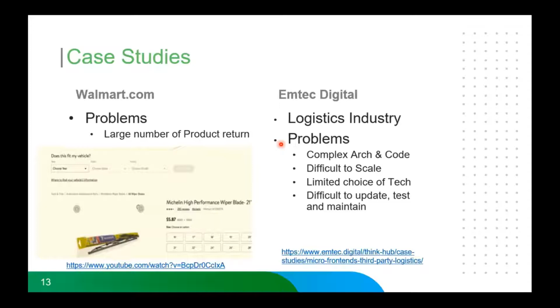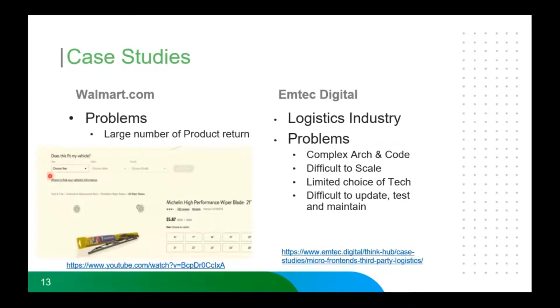Other than that, Walmart.com is specifically facing one problem: a large number of product returns. The reason might be that the product does not fit, or doesn't work with my car. This is one screenshot from their product page.